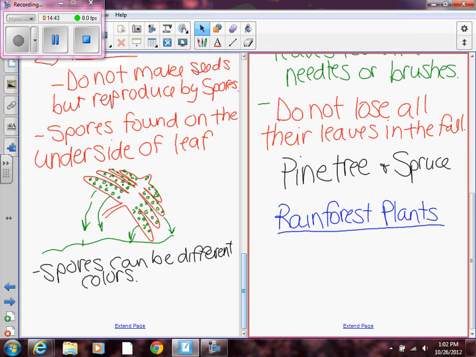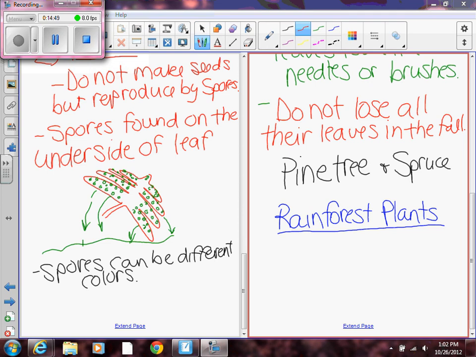In the rainforest, what types of plants are there? What kind are they? It says right in there. What does it say specifically, Aiden? What types of plants? Right.